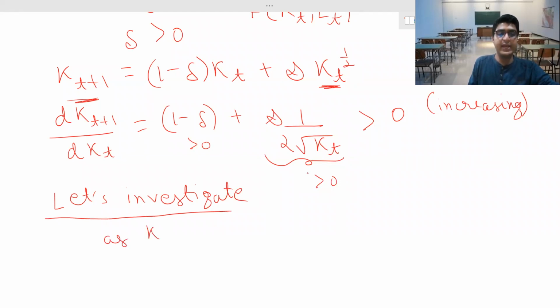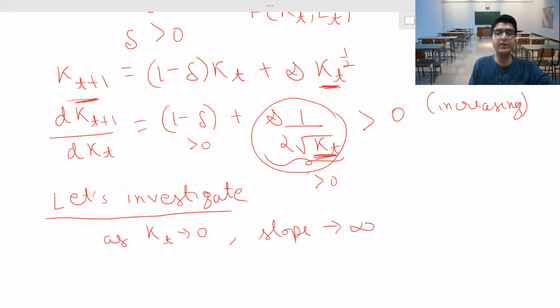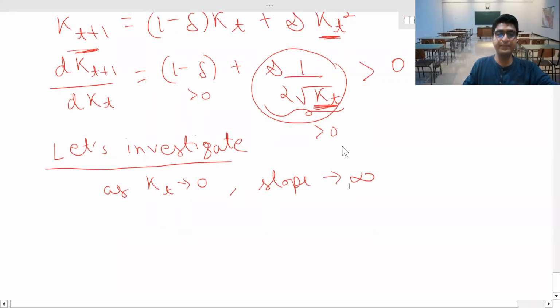तो as K_t goes to 0, अगर K_t जाता है 0 की तरफ, ठीक है, तो then this thing goes to 0. K_t goes to 0, then this whole thing will go to infinity. So basically slope will go to infinity when K_t goes to 0, right?